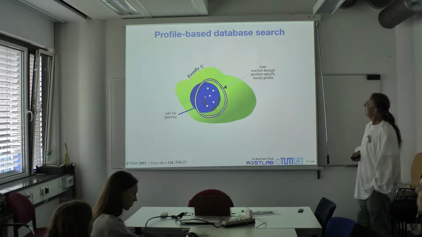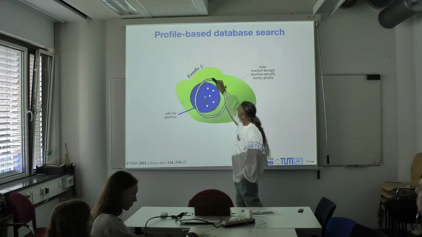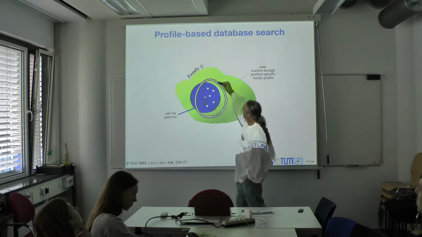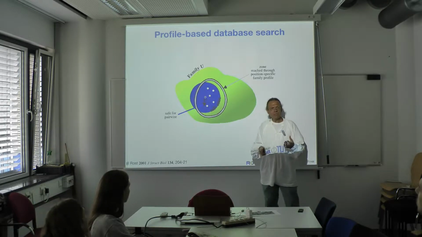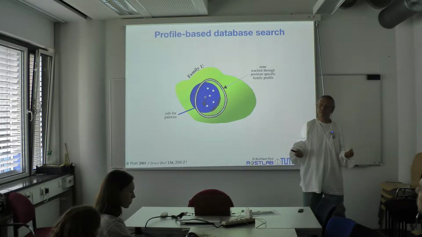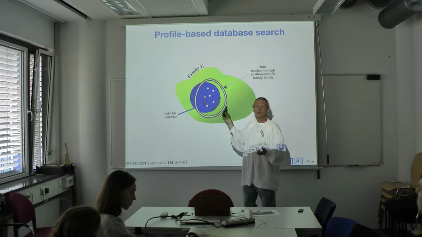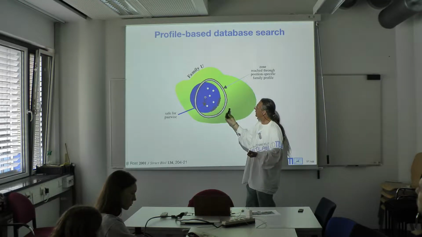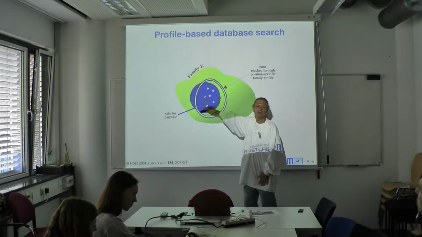Now in my second round I build a profile, and this profile will allow me to look into this lens here. This lens means it's a little bit larger because the profile allows me to extend more, and it is skewed in a particular direction. The direction has to do with where the sequences were found.